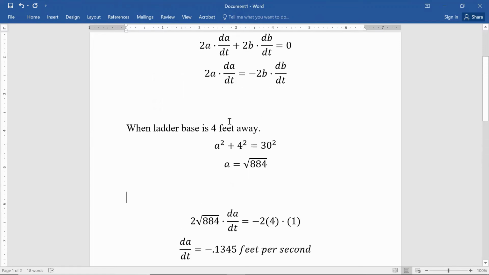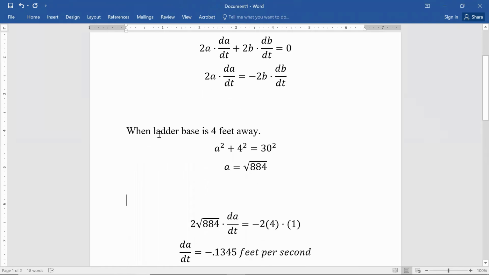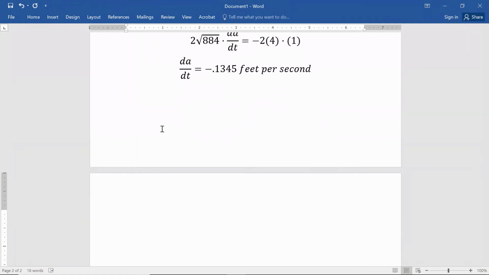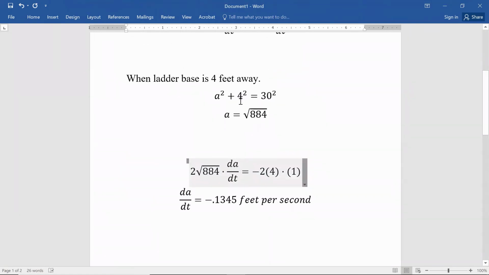We can look at what happens when the ladder gets further away as well. When the ladder base is 10 feet away from the barn, well, we're going to have to do the same process.